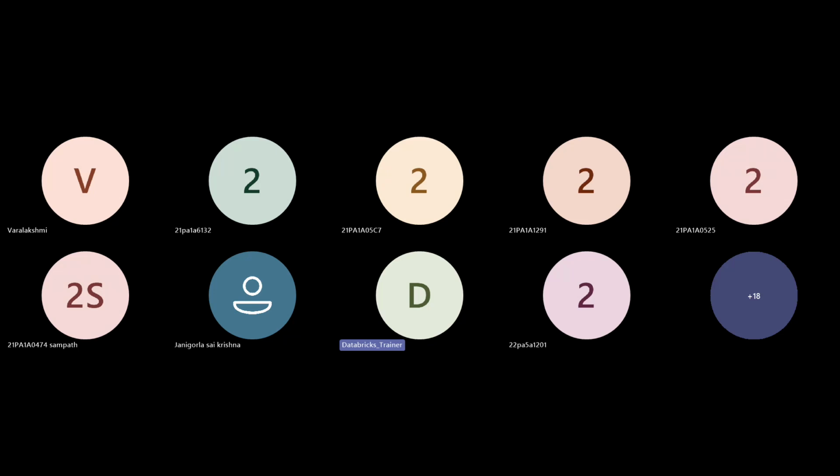So, can anyone tell me a few examples for narrow transformations and wide transformations? Just one or two is good enough. For narrow: map, flatMap, sample. For wide: intersection, distinct, join. Good. So joins and intersection are the major ones you could identify.